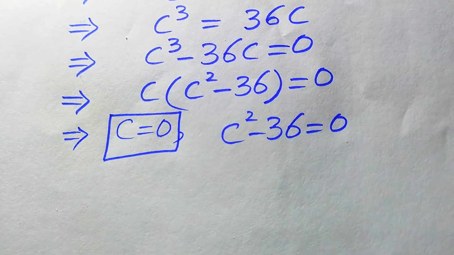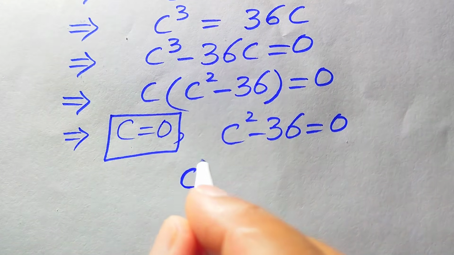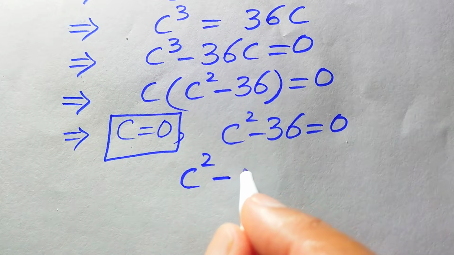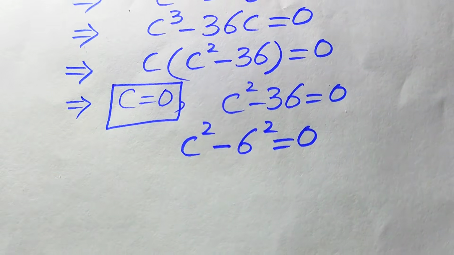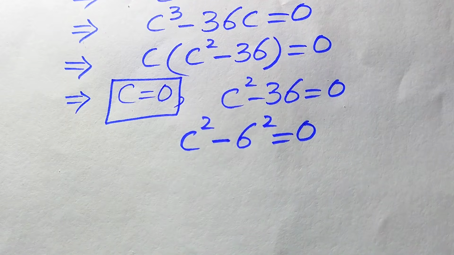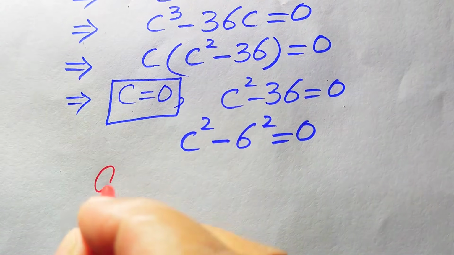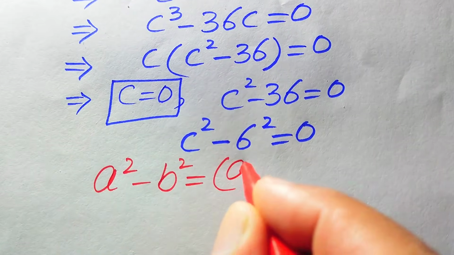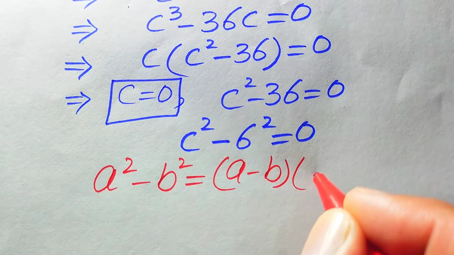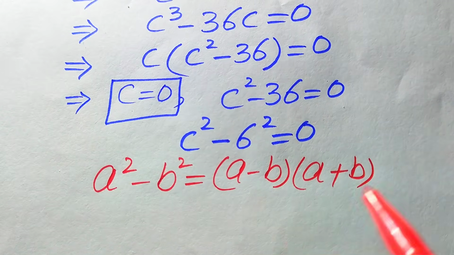So here we first rewrite this equation as c squared minus 36, we write it as 6 squared, and this whole equation is equal to 0. Now we use the nice algebraic formula. Here you know that a squared minus b squared equals a minus b times a plus b.